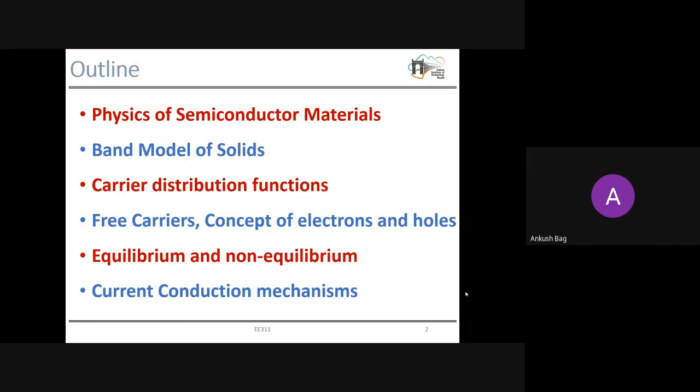Followed by that, we'll try to understand the different operating conditions of semiconductor devices, such as equilibrium and non-equilibrium. In non-equilibrium, there are two states: the transient condition and the steady state condition. Finally, we'll see the different current conduction mechanisms in a semiconductor, or eventually in our semiconductor device.